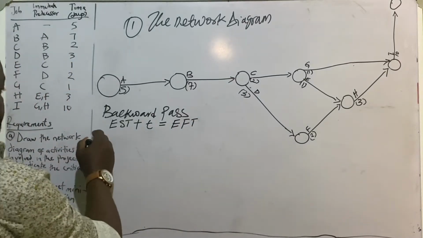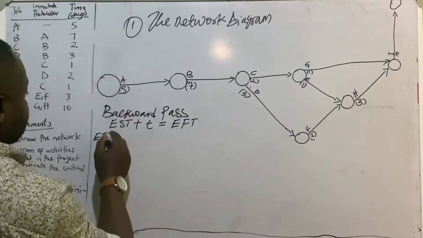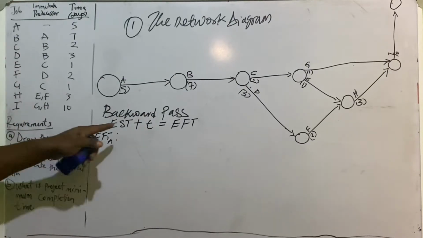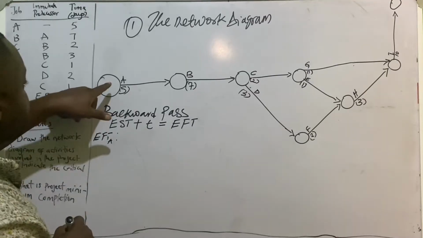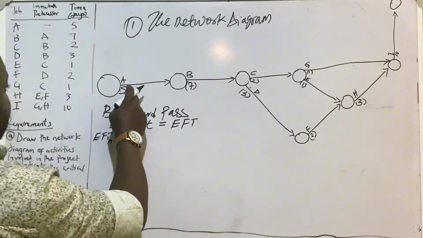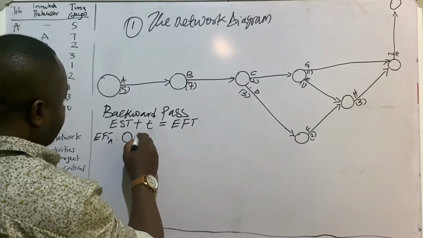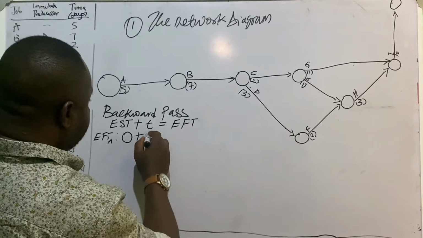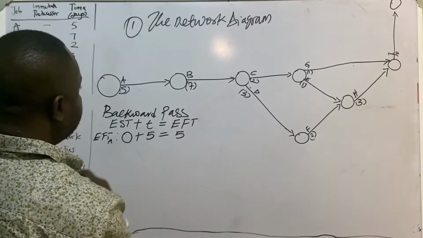So the earliest finish time for activity A: what is the earliest start time? Because activity A is starting from the base, the earliest start time will be 0, plus the activity time for A, which is 5, will give me 5.